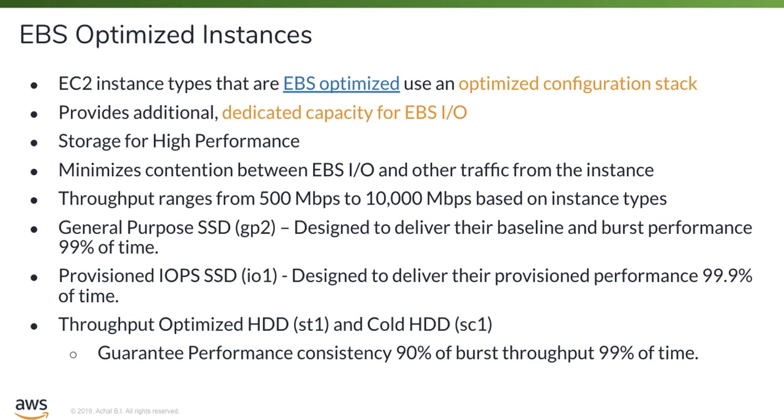Whether you use encryption or not, the performance of the EBS volume is not hindered. So you don't have to mind encryption because of performance, because it is handled by a different hardware and it would not hinder your EBS performance.